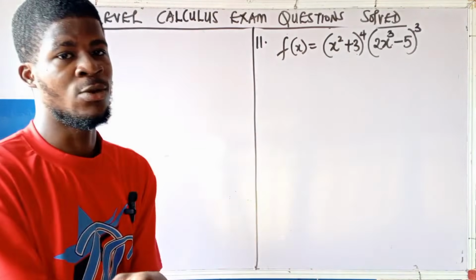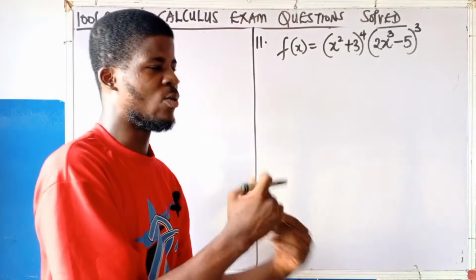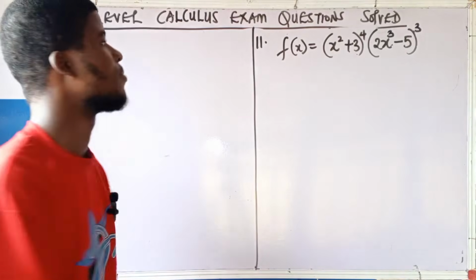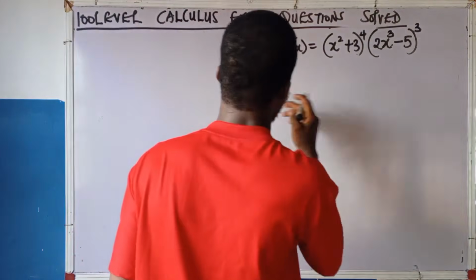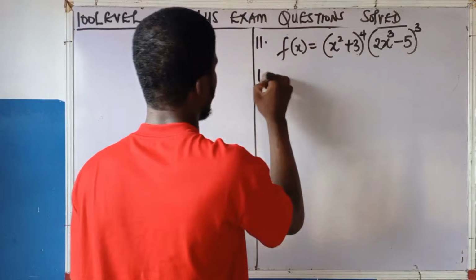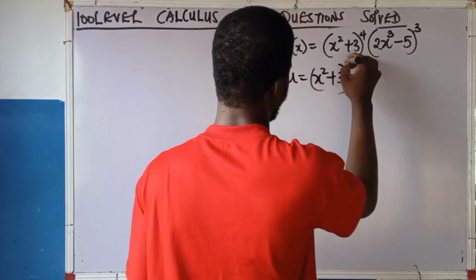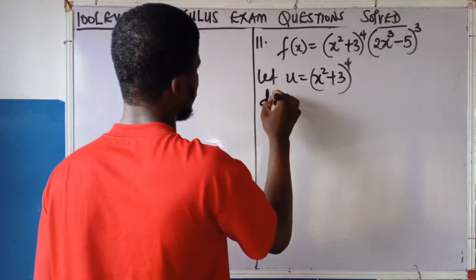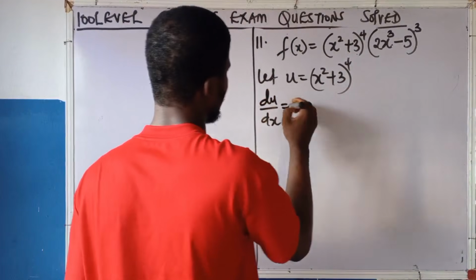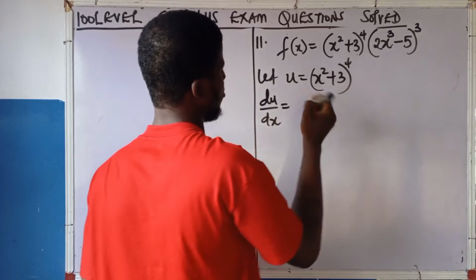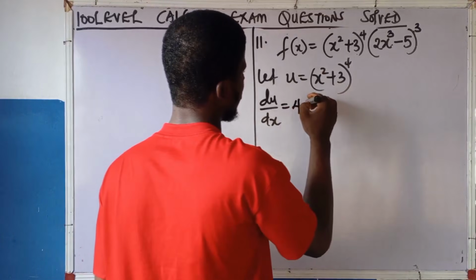You can pause the video and make an attempt to solve the question on your own, and then you play to see if you got the answer correctly. But let's do this one. Okay, let me say let u be x squared plus 3 raised to the 4th power. So what is going to be du dx? Using the chain rule is simple. This is 4. The rule says write the 4.